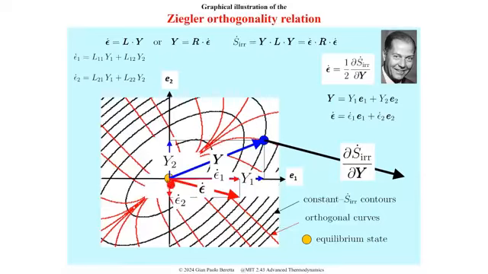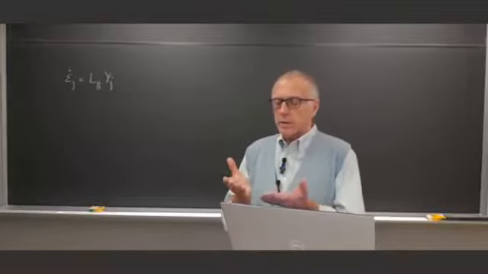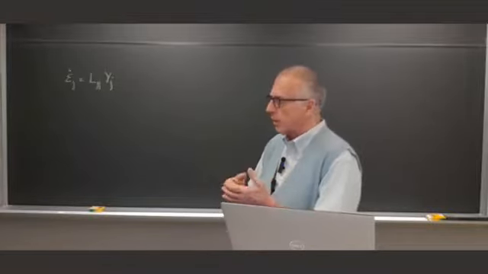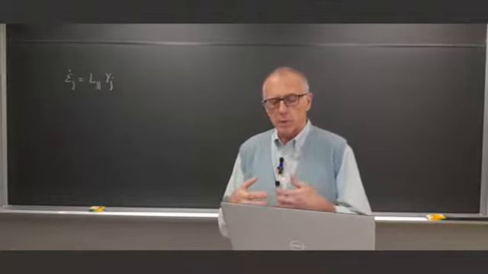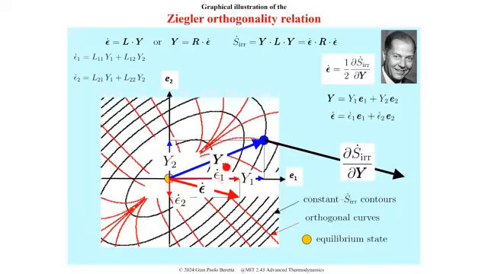And what this shows is that, if you had only one reaction and one affinity, the proportionality is typically that the rate and the affinity have the same sign. So if the affinity is positive, epsilon 1 is positive.